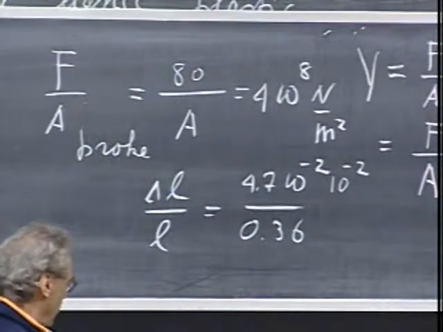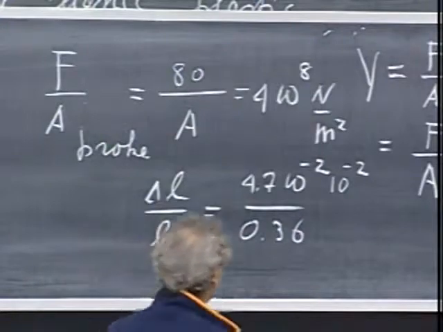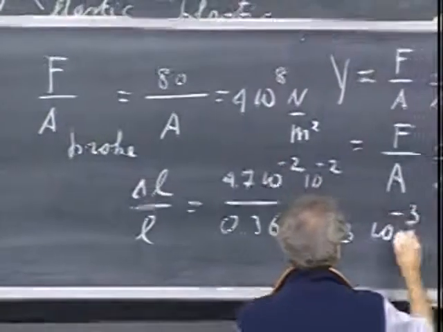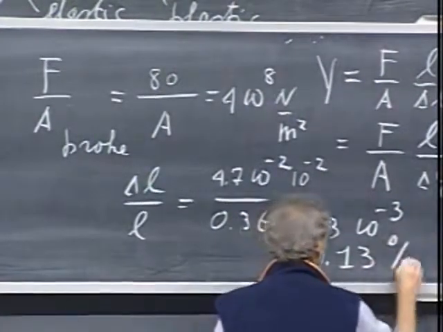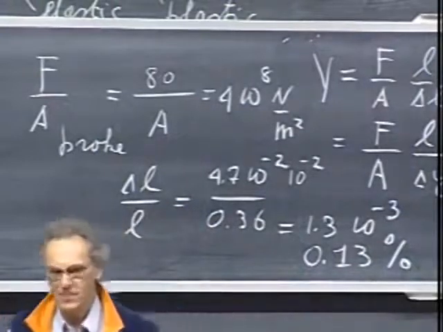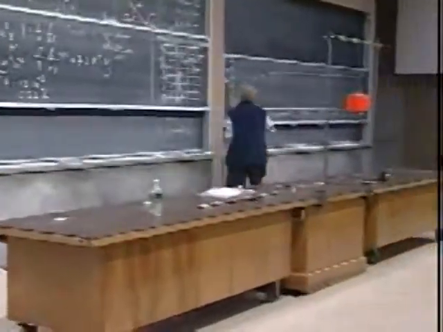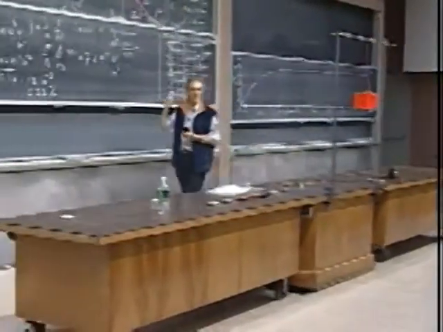So exponents change, minus 2 divided by 0.36, and that gives me 1.3 times 10 to the minus 3. In terms of percentages, that would be 0.13%. So the wire, when it reaches the end of its Hooke's law parameter space, has only become longer by 0.13%.